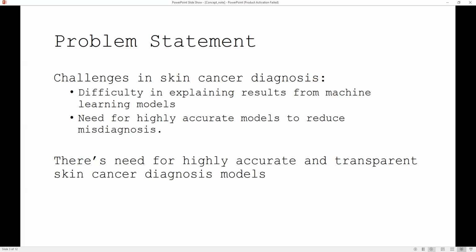So we are introducing this quantum neural network so that it enhances predictability. That's why we are saying there is need of highly accurate and transparent skin cancer diagnosis models.